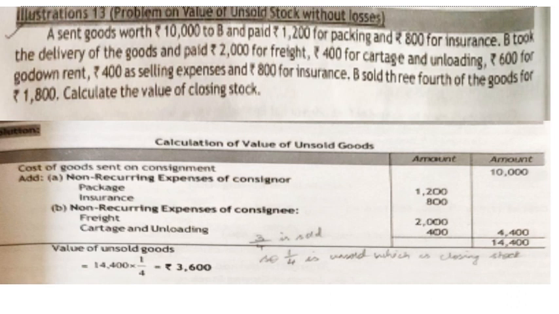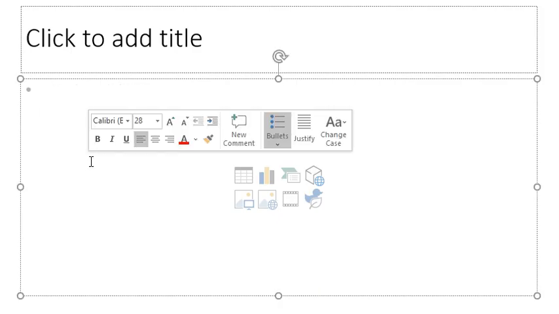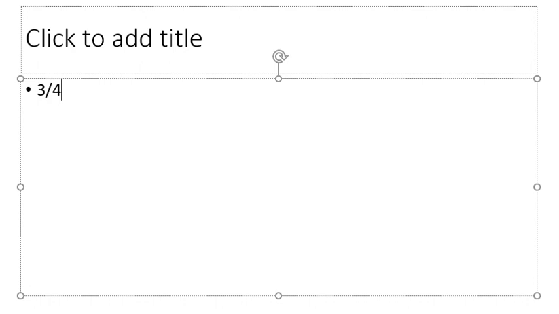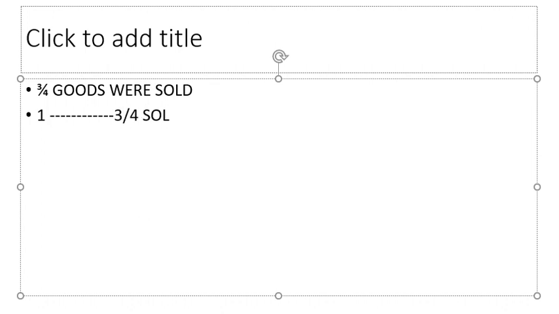So I will show you the calculation of what they have stated. 3/4 of the goods were sold. So now we will assume 1. In this 1, 3/4 is sold. So what is the balance? We should find 1 minus 3/4.